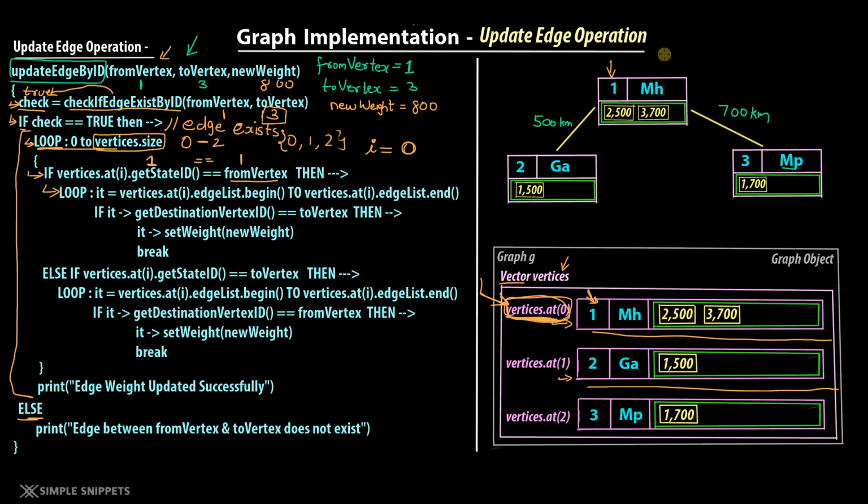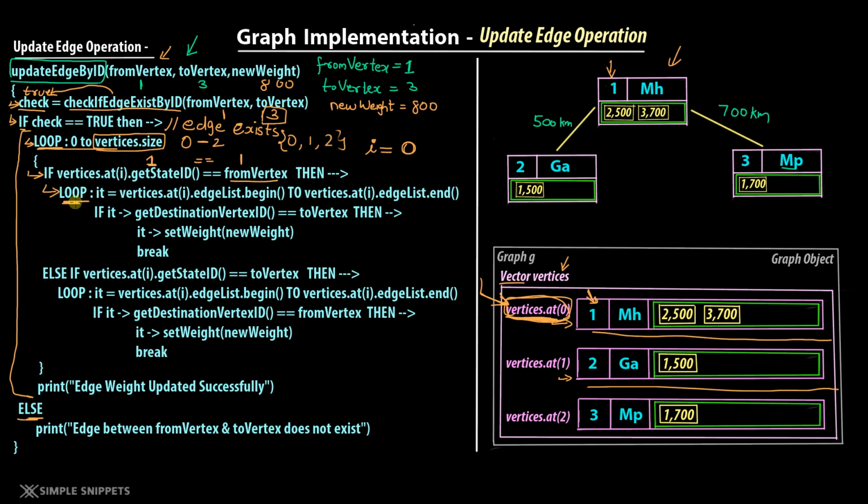So we know that one of the two vertices that we have to update is Maharashtra, and we've got that in the very first iteration, correct? I is still 0. So we go inside this if block, and now we have to loop. But this time, what is this second loop, the inner loop, for?